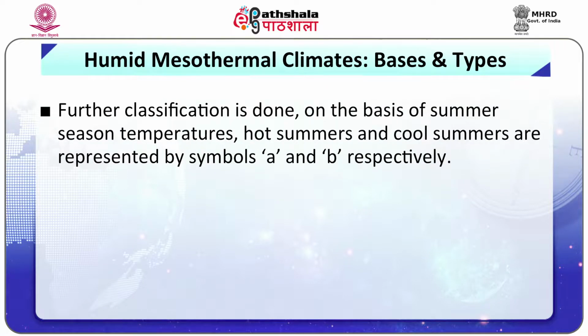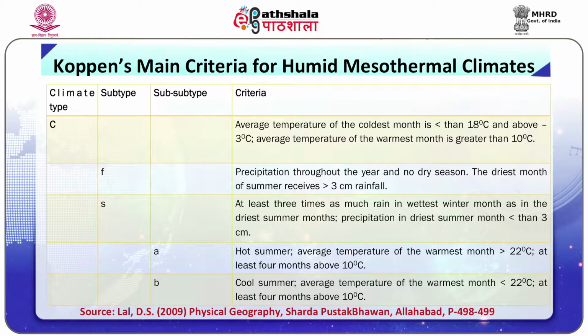Further classification is done on the basis of summer season temperatures. Hot summers and cool summers are represented by symbols small a and small b respectively. The humid mesothermal climates have been identified in this module on the basis of generalization of Köppen, Trewartha and Strahler's climatic classifications. Let us come to the discussion about all these three types one by one.